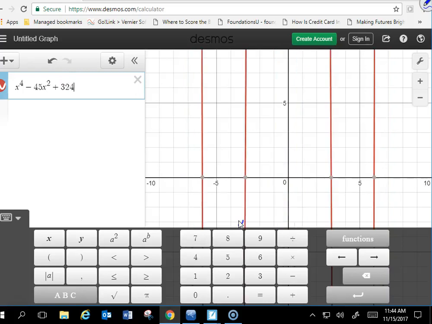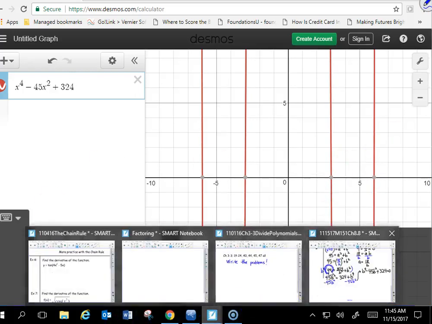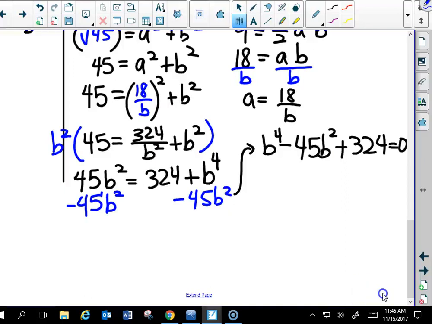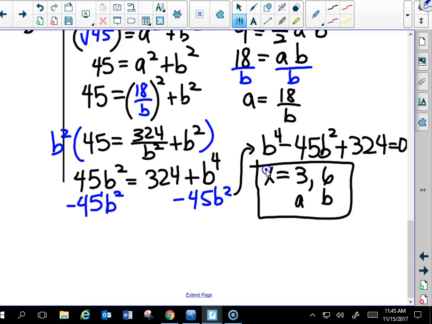Okay, because we're talking about lengths, I'm not even going to look at the negative solutions here. My positive solutions are at 3 and 6. So x equals 3, x equals 6. Those are the side lengths of A and B. And we're done. See you in class.